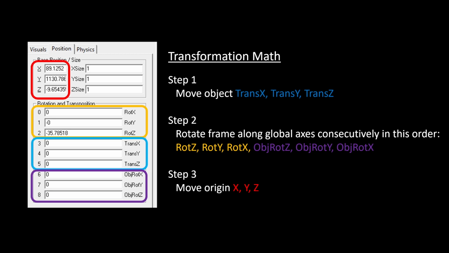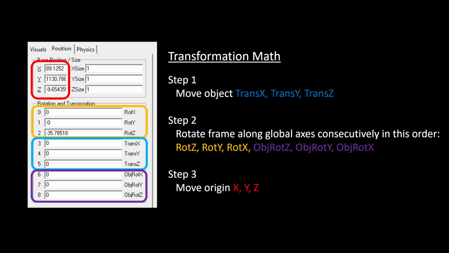When I describe what's going on, I'm going to refer to these properties by the names used in the table editor, because these are also the names used in the script. So if we want to affect any of these properties through the script, we're going to be using the names shown in this pane. Each one of these numbers is applied to the object in a certain sequence.